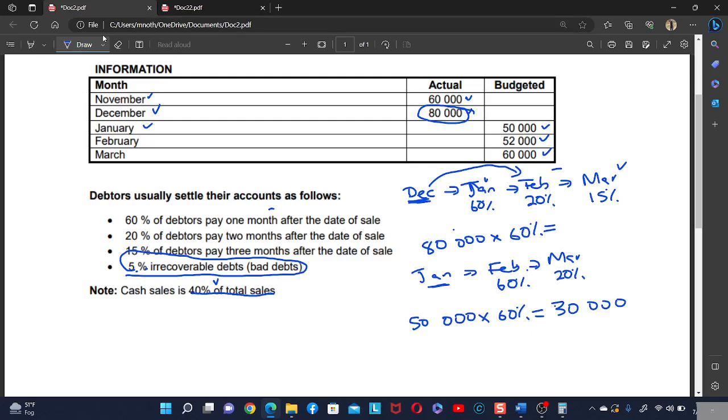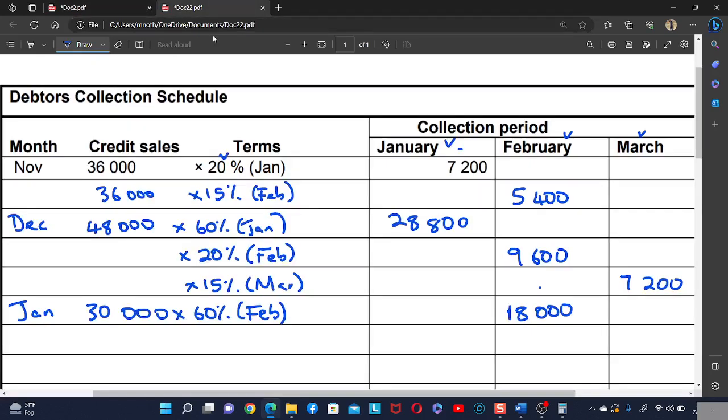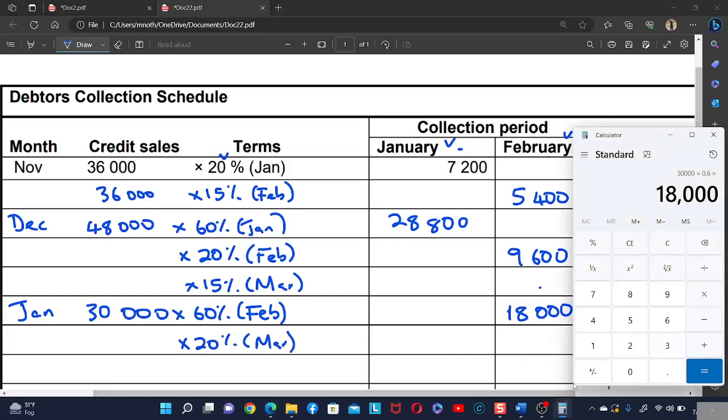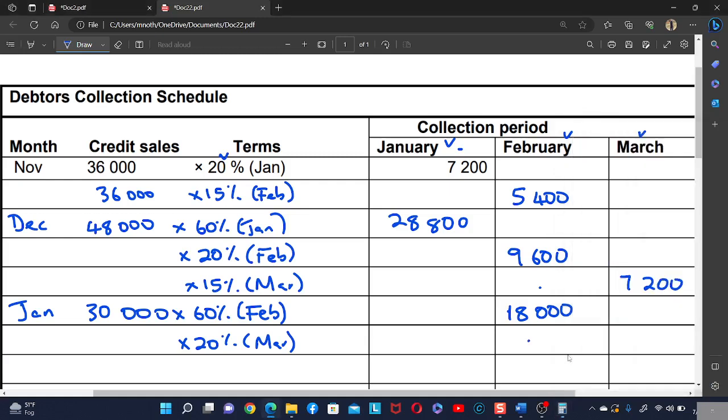And then 20% is going to be paid in March. So 30,000 multiplied by 20% is going to be 6,000, right?